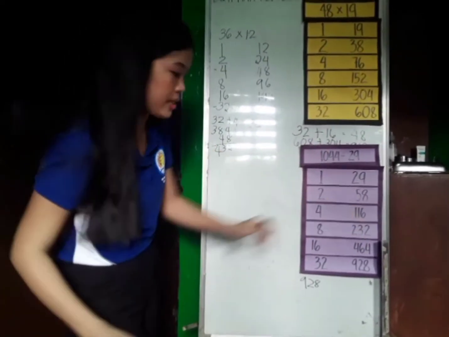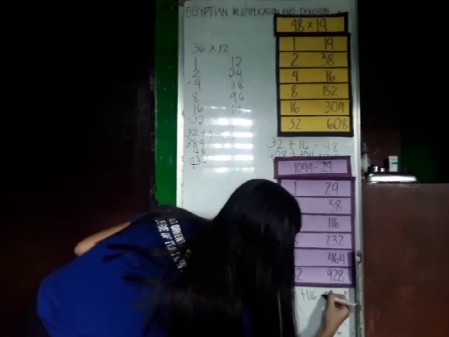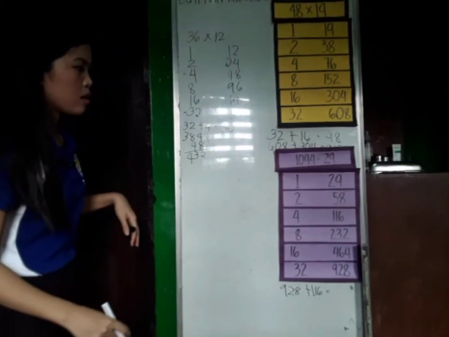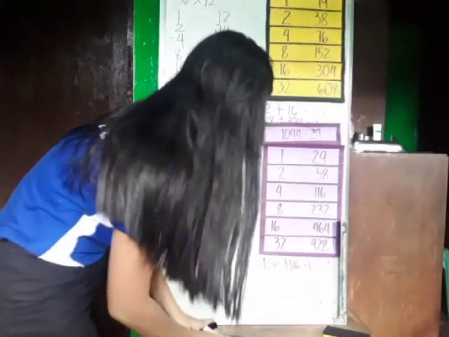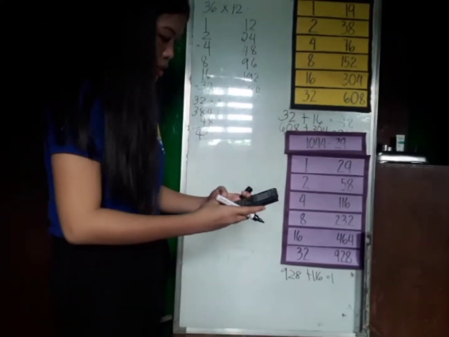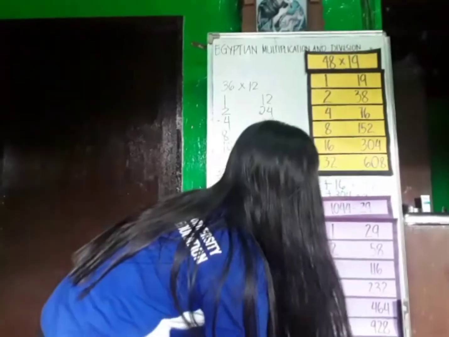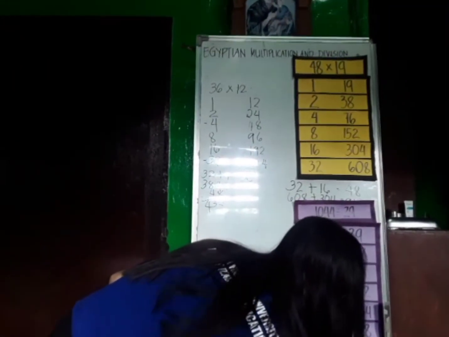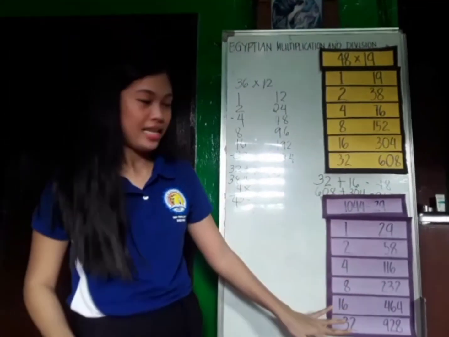That will be 116. 928 plus 116 is 1044. It is correct.